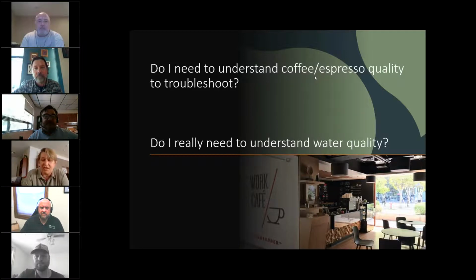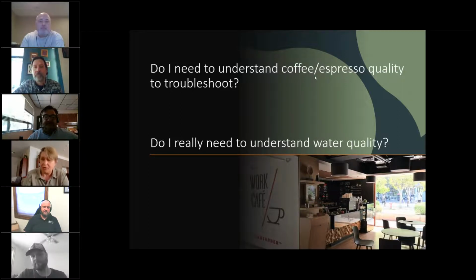We're fixing coffee equipment, so part of our job is to understand coffee and how it's made. As far as the troubleshooting process, when gathering information, if a barista says my shots taste sour, what does that actually mean as far as extraction? I'm not getting any crema. What does that mean as far as what the machine is doing or not doing?